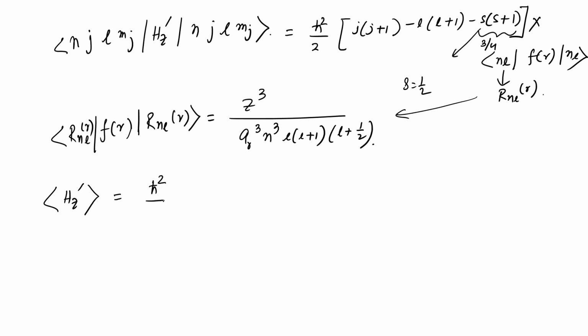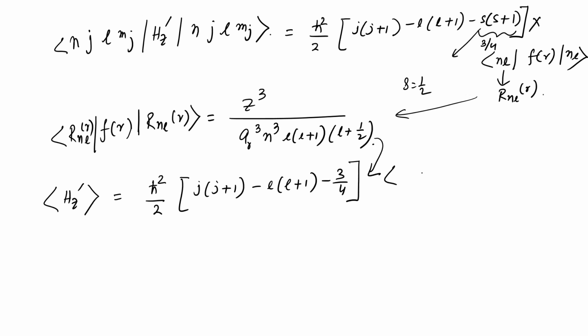h cross square by 2, and we have a j into j plus 1 minus l into l plus 1 minus 3/4, and multiplied by this term. Okay.